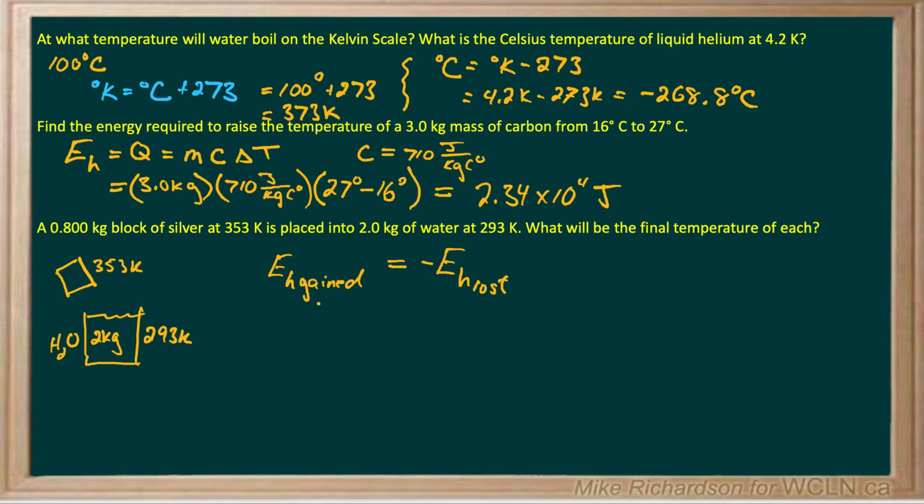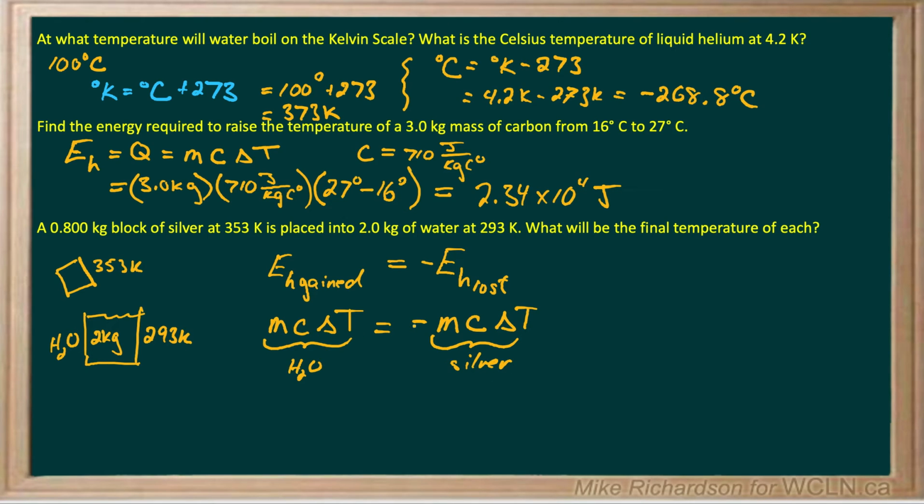So we know our formula. First of all, what's gaining heat? The water is the cooler one, and since heat always flows from hot to cold, the water's temperature is going to increase. So the heat gain side will be MC, change in temperature, and all of this will be our water data. And that's going to be equal to the heat lost by the silver. MC, change in T, and all of this is our silver data.